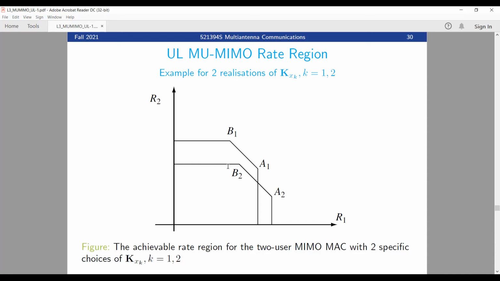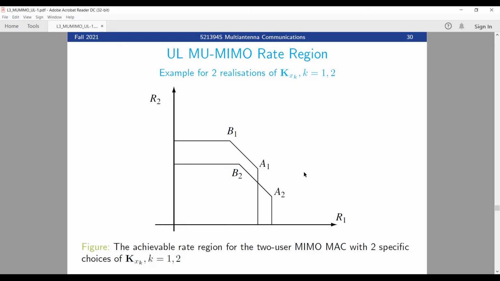If you want to decode user 2 first, you should always use this transmit covariance strategy. If you want to decode user 1 last without interference from user 2, you should always use this strategy, right? Using this strategy is clearly worse from the user 1 perspective than this strategy, right? Everybody can see this. So this would be a simple selection between two strategies, of which user you want to prioritize.